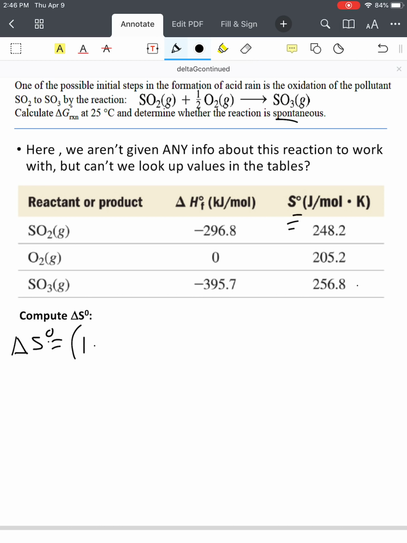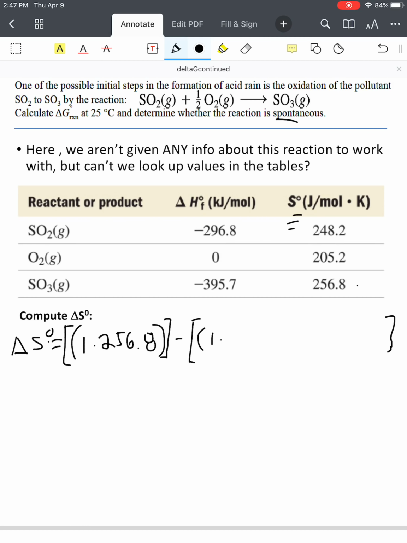So I start again by doing the 1 times the 256.8. That's the term for my products. Now I'm going to subtract the sum of values for my reactants.